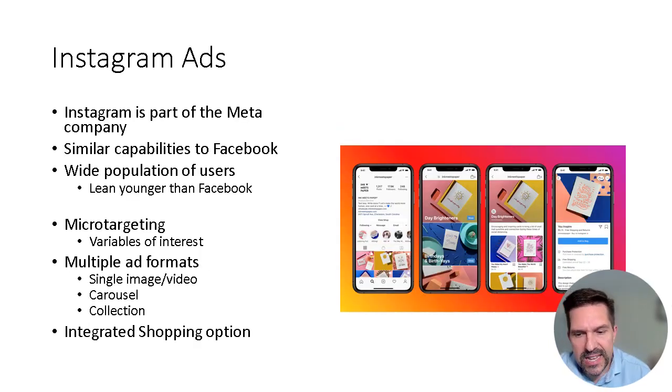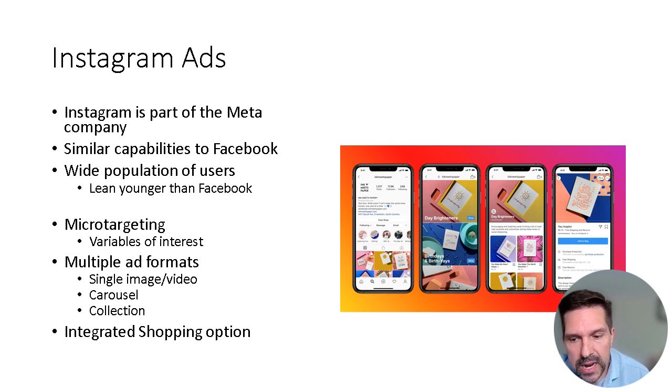Instagram. Instagram in many ways is similar to Facebook in the sense that they are both part of the same parent company. So they have similar software, in fact, the same software suite is used to manage the ads both in Instagram and in Facebook. It has very similar capabilities in terms of micro-targeting.